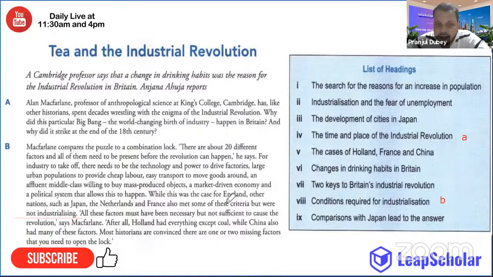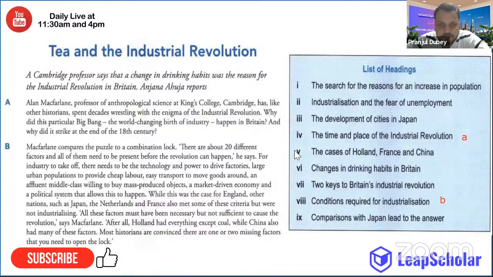So what exactly is the case? This was the case with England, and there are a few cases with Japan, Netherlands, France, which are not industrializing. All these factors must have been necessary but not sufficient to cause the revolution. That is what Macfarlane has to say. Am I clear, Charan? Getting the idea? Very good.